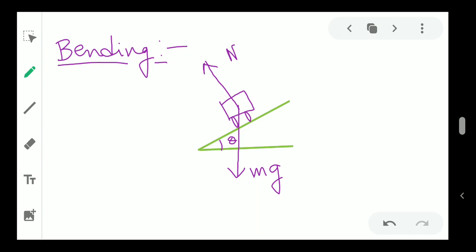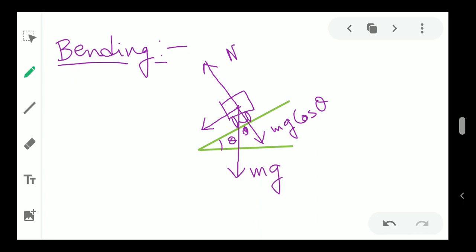Now in this case N and mg are not the same, and also you can see that mg works in two components, one is this one and one is this one. If this is theta, this angle will also be theta, so this will be mg cos theta. So N will be equal to mg cos theta.